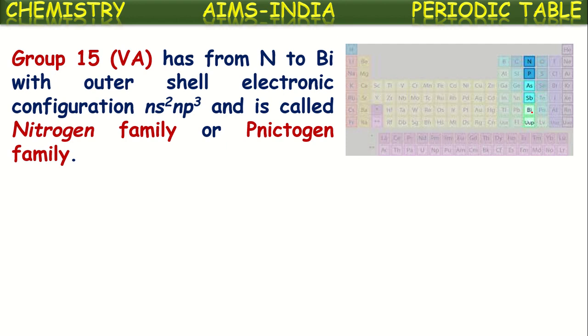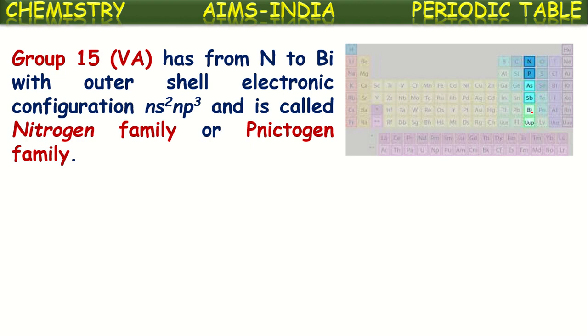These 5th A group elements are also called pnicogens because the elements of the 5th A or 15th group can form foul smelled gases. Because of this, they are specially called nitrogen family or pnicogens.